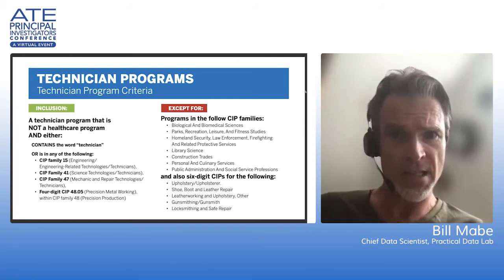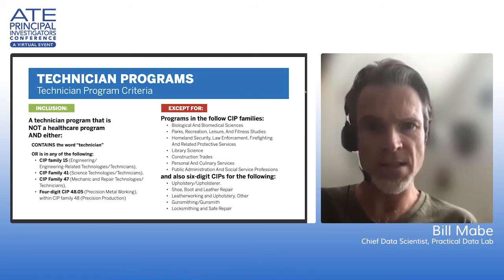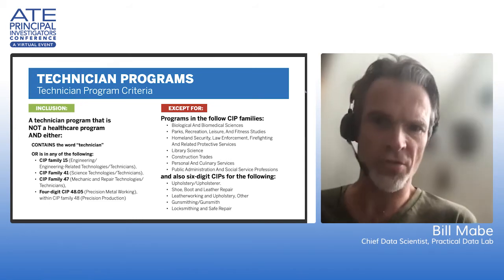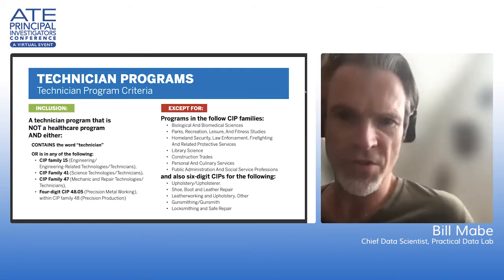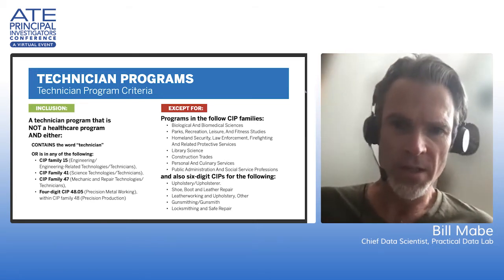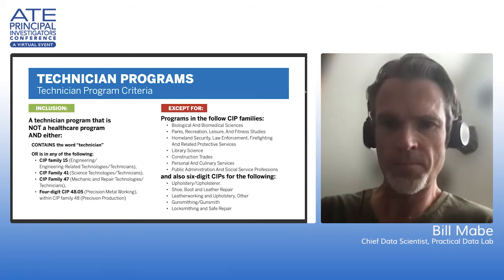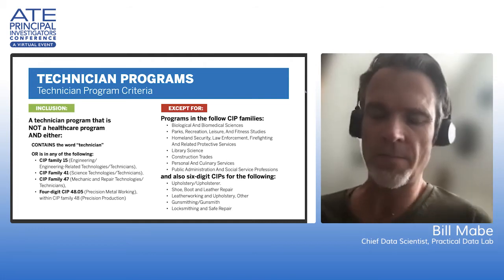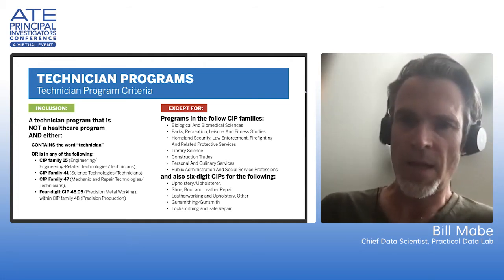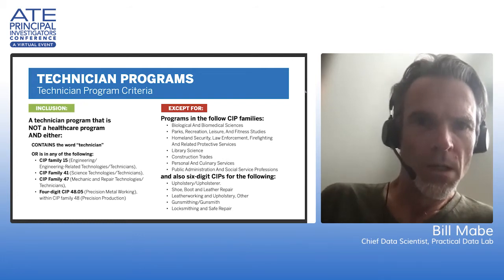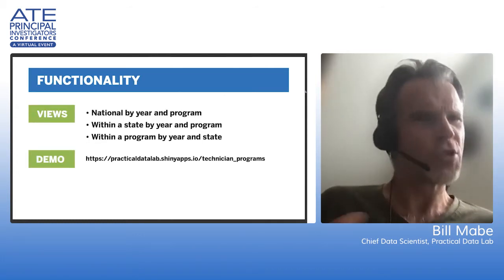When we look through the ATE grants, there's not a lot in areas like library science, construction and trades, and personal and culinary services. And then we also excluded some others that seemed to be outside of the ATE realm. So that's what we included and the rationale for that.